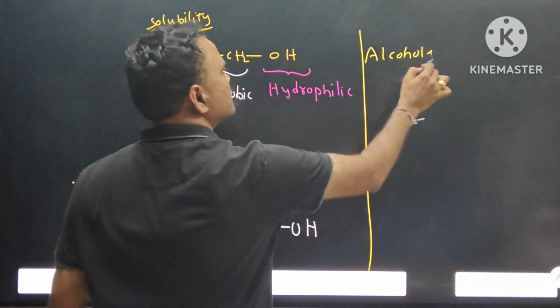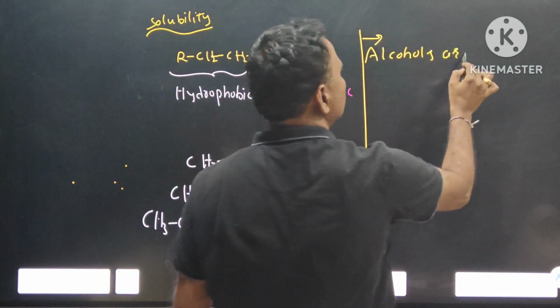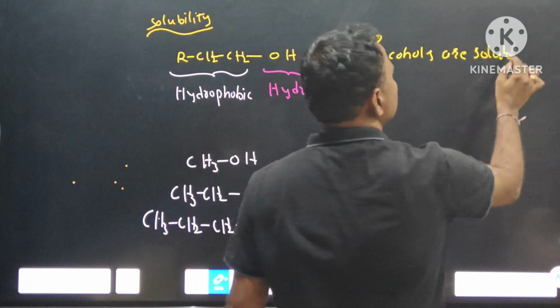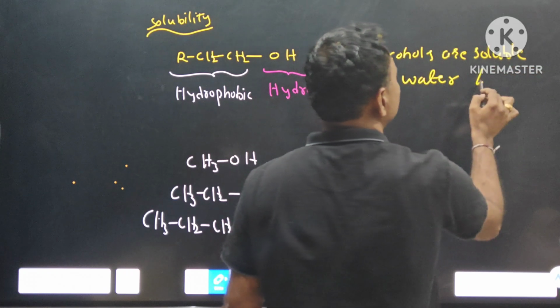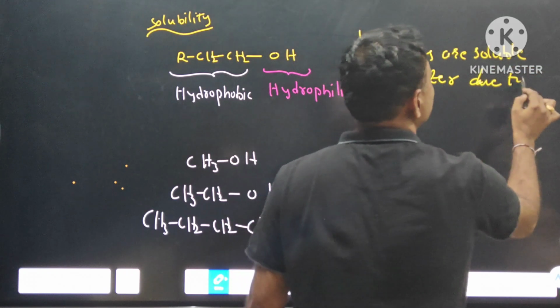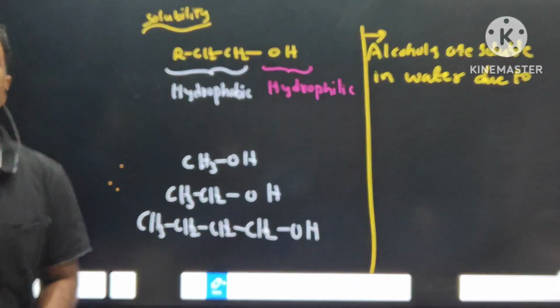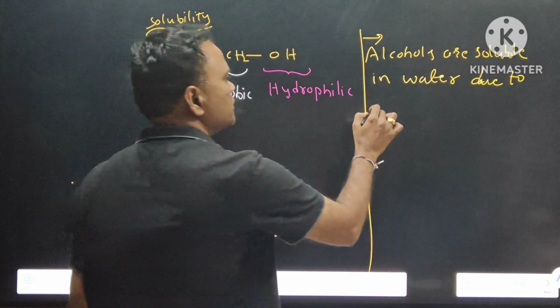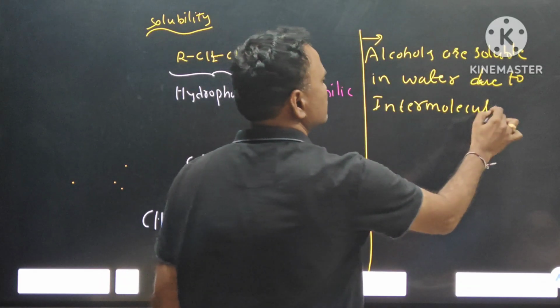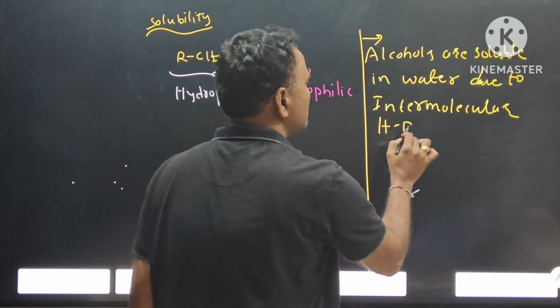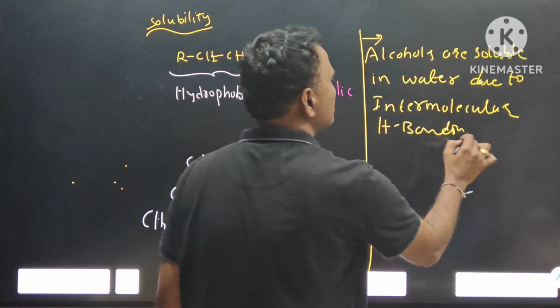First of all, general information: alcohols are soluble in water due to intermolecular hydrogen bonding.